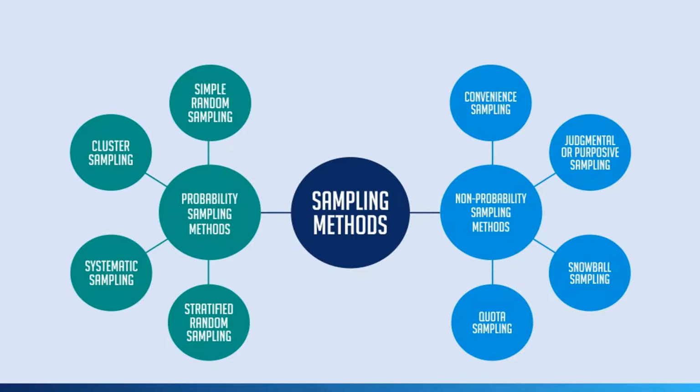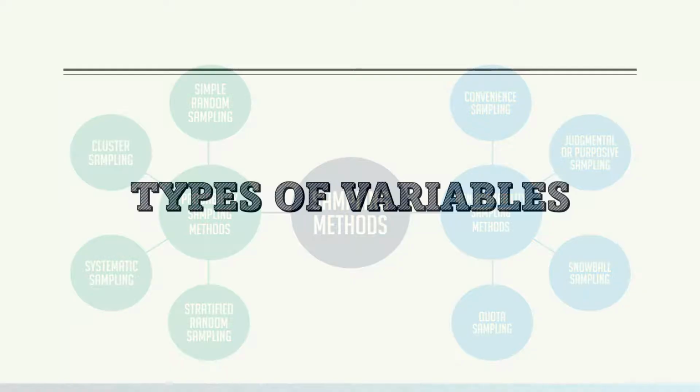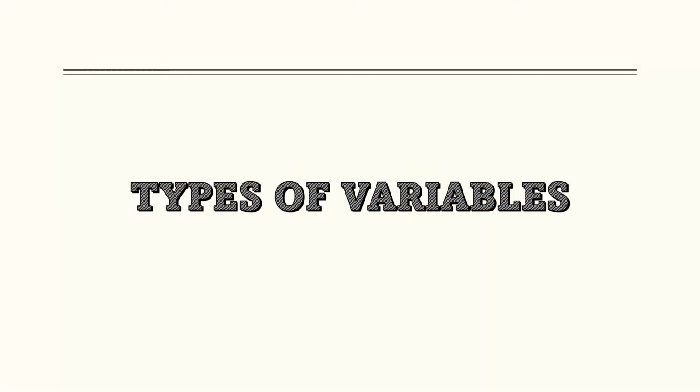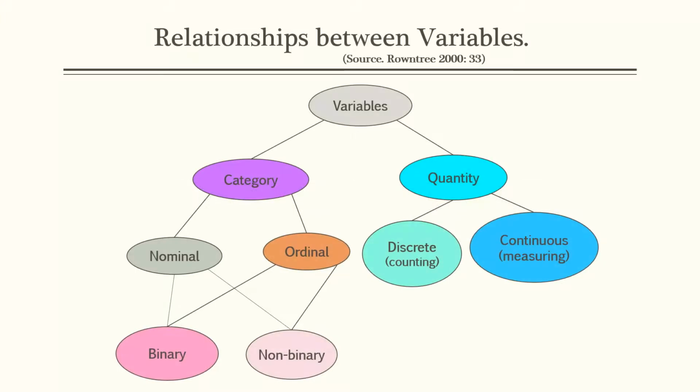Okay, you already have the process on how to gather the data from your sample. Now, what are the types of data that you are going to gather? So let's have the types of variables. In the types of variables, we have this one according to Rowe in 2000. The variables are divided into two: the category and the quantity.